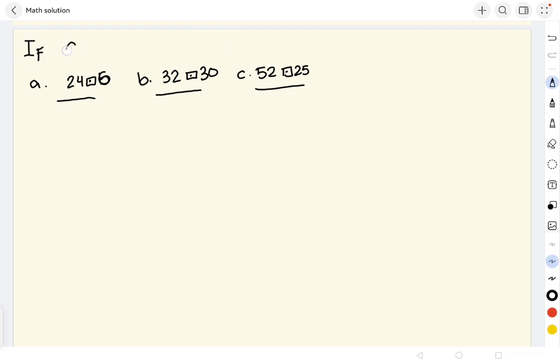If A and B equals A minus B divided by 2. So let's try letter A. Let's rewrite. A to B is equals to, so A here is 24 minus B, which is 6, divided by 2.